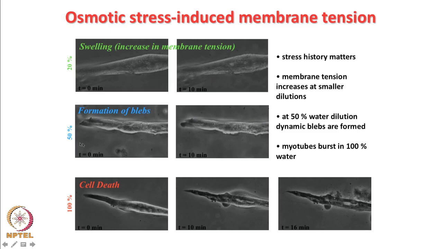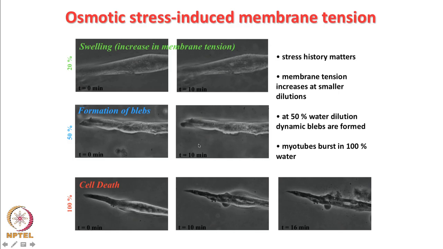However, when the osmotic stress keeps increasing, you see the presence of these structures at the corner, called blebs. And eventually, if you put the cell in 100% water, it cannot balance the osmotic forces, and the cell will burst.